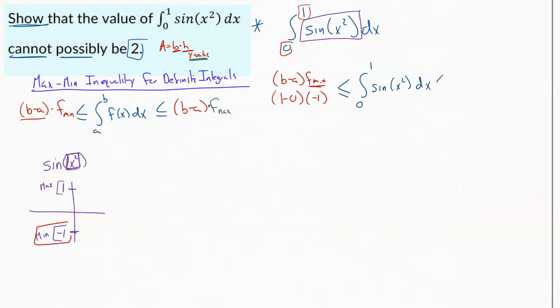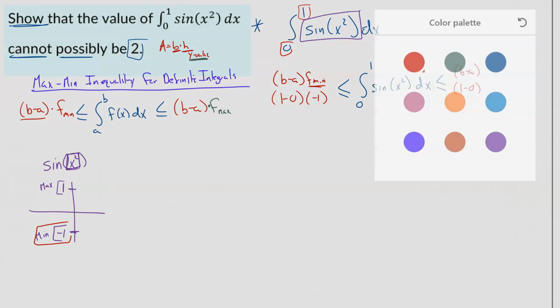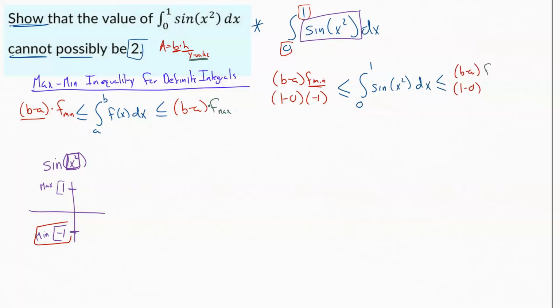And I know that integral has to be less than or equal to, again, we have our b minus a, that's just the base of our rectangle, so 1 minus 0, times the max of this. Well, again, conveniently, we're talking about a sine function, and the max of any sine function would be 1.